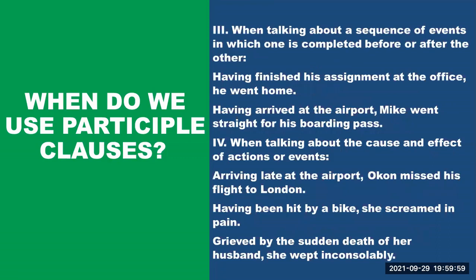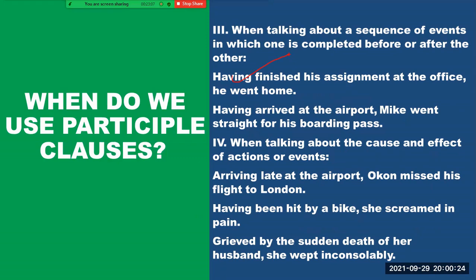Now, the next occasion for using participle clauses is when talking about a sequence of events in which one is completed before or after the other. For example, having finished his assignment at the office, he went home.